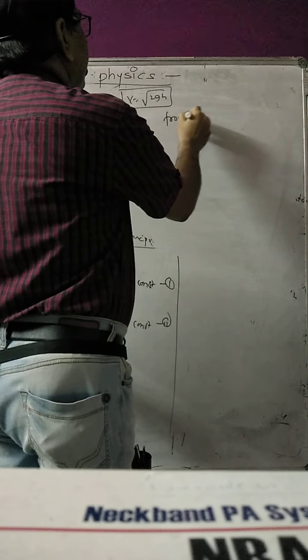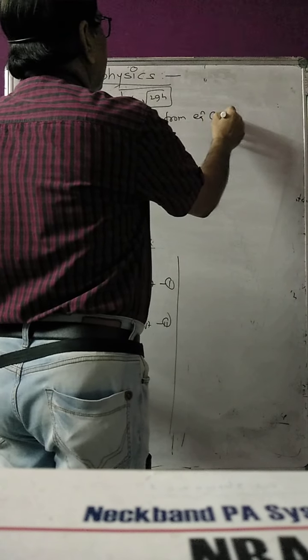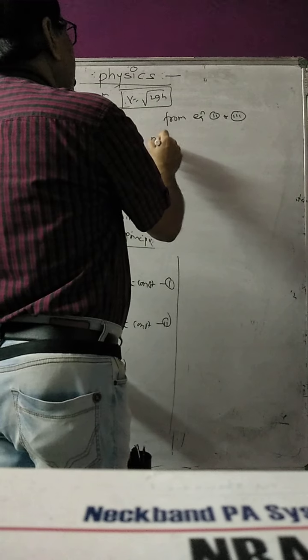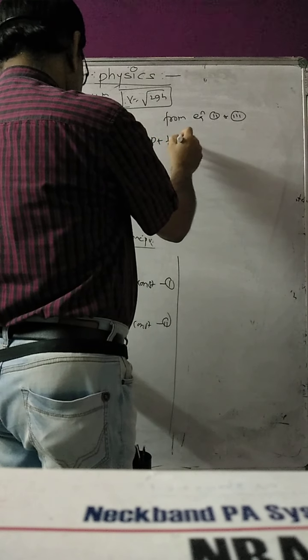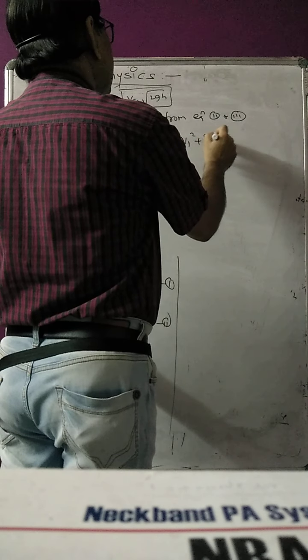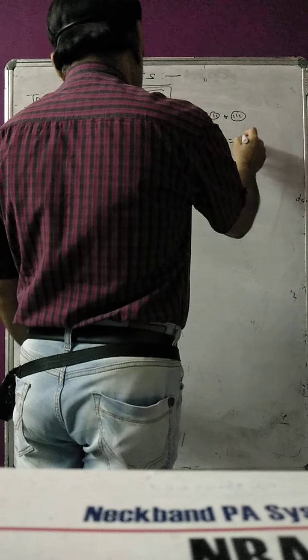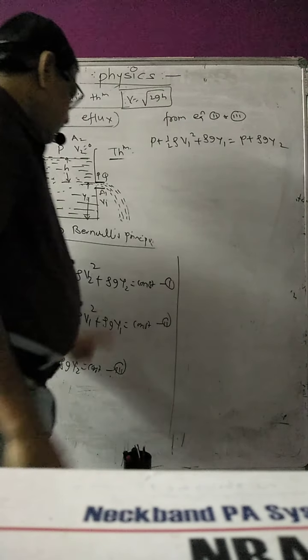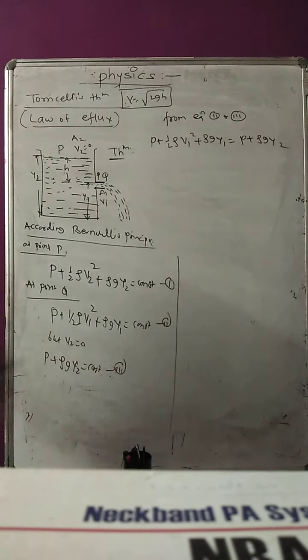From equation 2 and 3, आता लिहा मुलांनो. P plus half rho into V1 square plus rho Gy1 is equal to P plus rho into G into Y2. दोघं कॉन्स्टंट होते, इक्वेट करून टाकले.